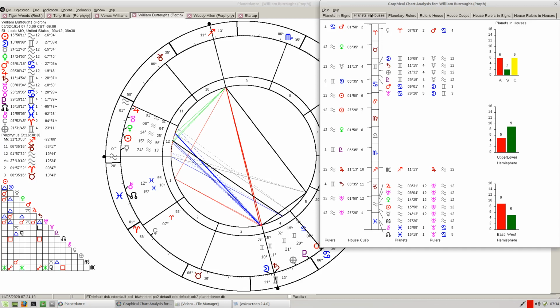Moving on to the tab for planets in houses, this gives you the presentation of the planetary positions with respect to their house data.